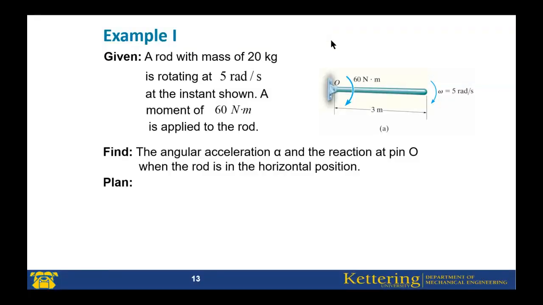Then we are looking for the angular acceleration and the reaction of the rod, as this rod is in the horizontal position. You will see that this rod is an example of rotation of a rigid body. This rod is just rotating. Let's write this one. I will start to solve.